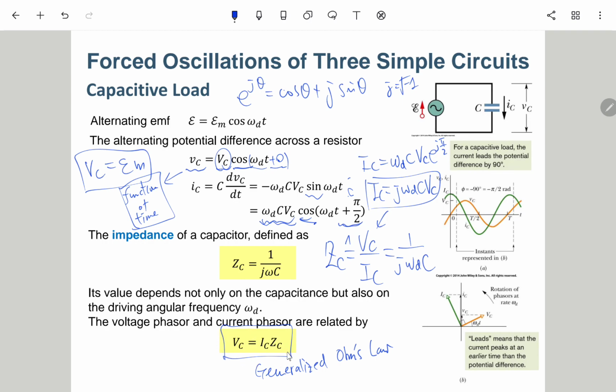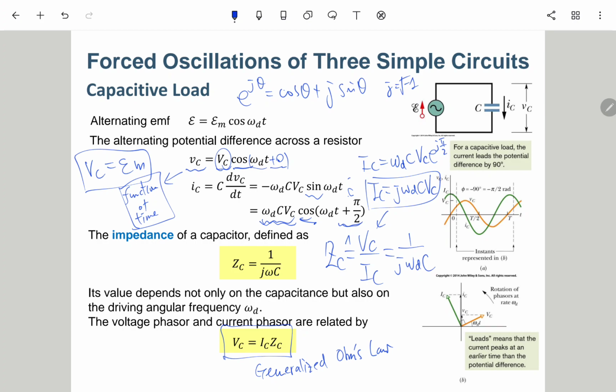So it turns out to be VC equals IC times ZC, but VC, IC, ZC are all complex numbers, and these complex numbers refer to the original function of time. As they are complex numbers, they have amplitude and phase.